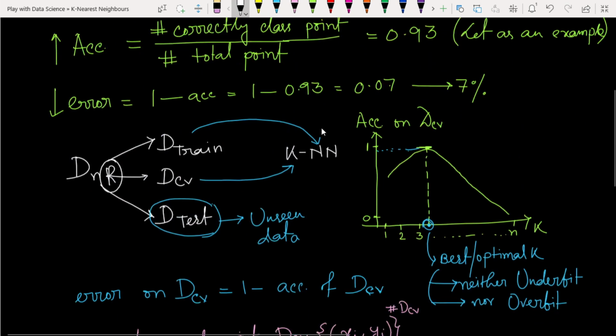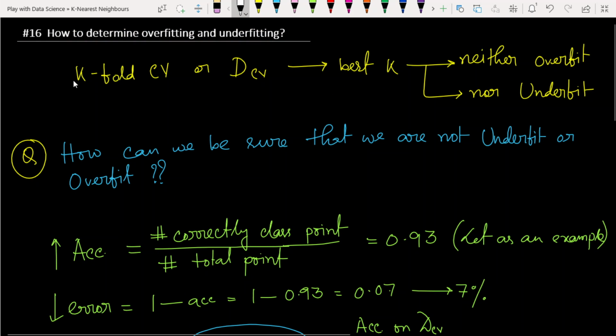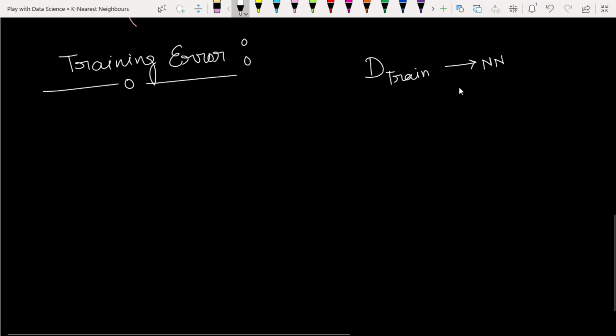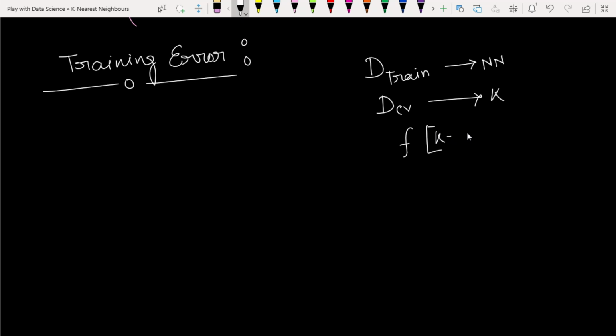Just for simplification I am taking simple cross validation, not k fold cross validation. We use the training data set for finding nearest points and the cross validation data set to find the best k value, and according to this we decide what our actual function f kNN will be, what the best k is.